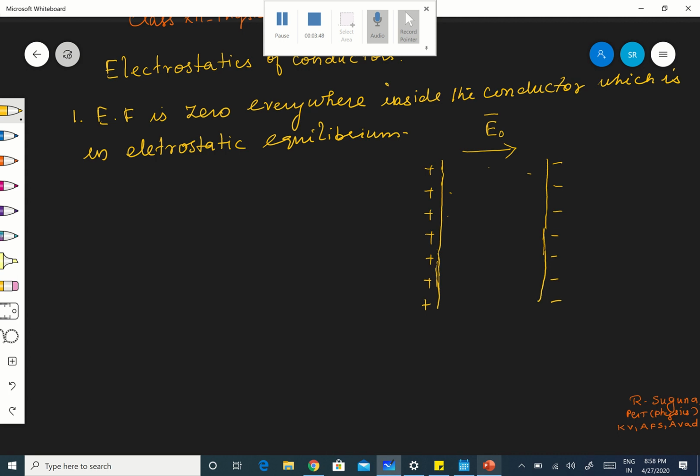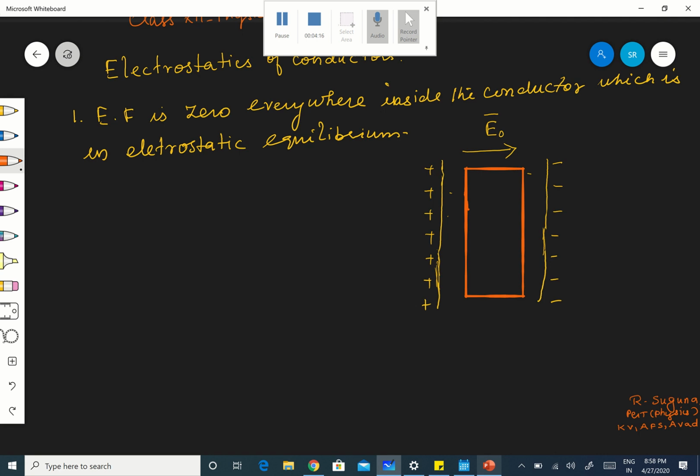Anyhow, now I am keeping a conductor in between, that is, in the electric field, a conducting slab. Let me use some other color. This is a conducting slab. I am keeping a conducting slab inside. It's a conductor.